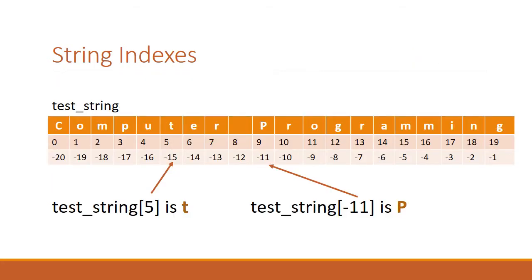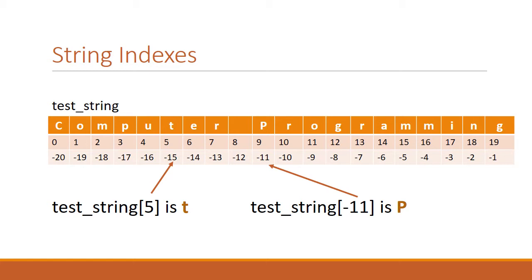Specific characters within a string can be accessed using positive or negative indices. For example, test string[5] is equal to the lowercase character t.